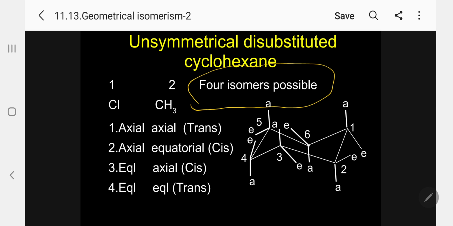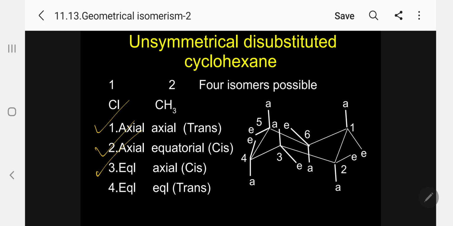Please follow, note these points. So let me take first, there are 4 isomers. What are the 4 isomers? Axial trans, axial equatorial cis, equatorial axial cis, equatorial trans.